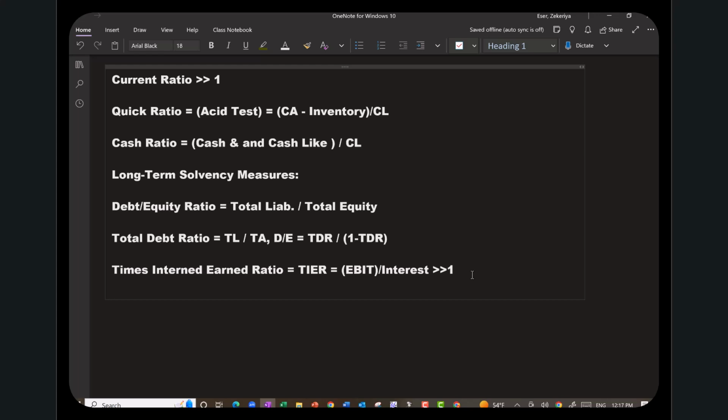And I think times interest earned or cash coverage ratio is another one. Basically, if your Altman Z-score is low, the chances that you're going to go bankrupt within 5 years are very high. And that's known by empirical evidence.